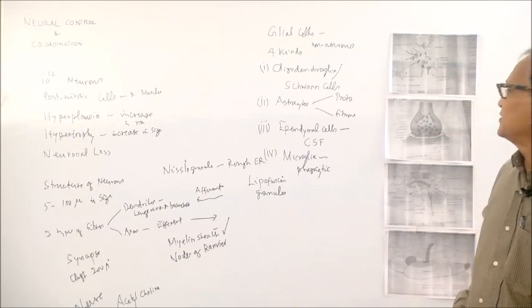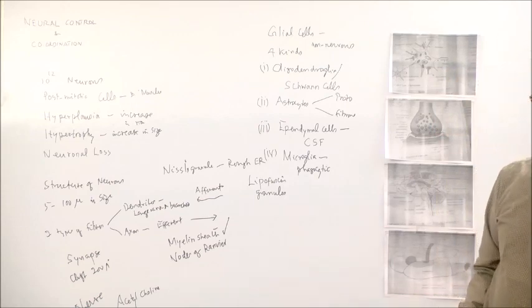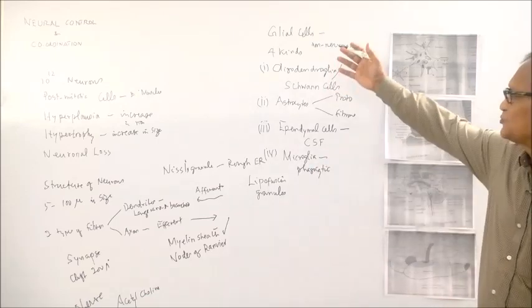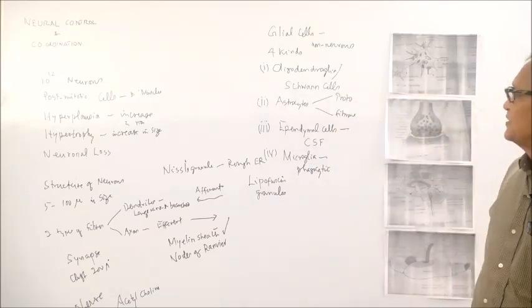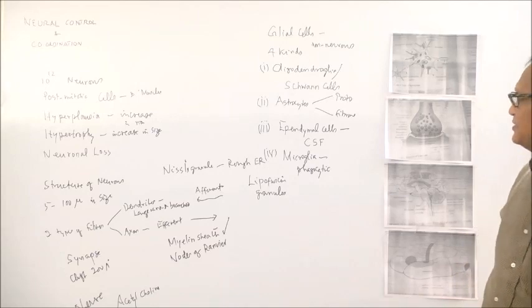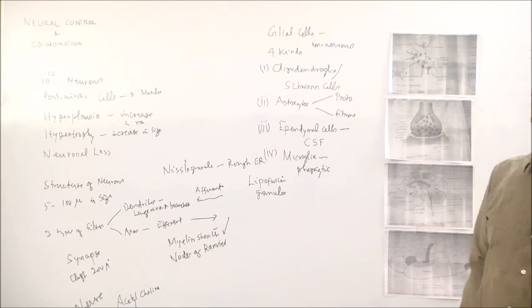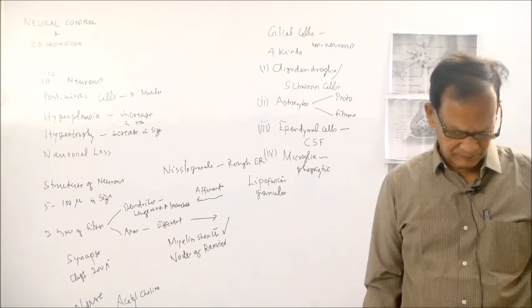So, there are thus four kinds of glial cells about which many of us are not aware. We say that the nervous system is only formed of neurons. No, there are also other non-nervous cells called glial cells. They also perform equally important functions, though they are non-nervous.